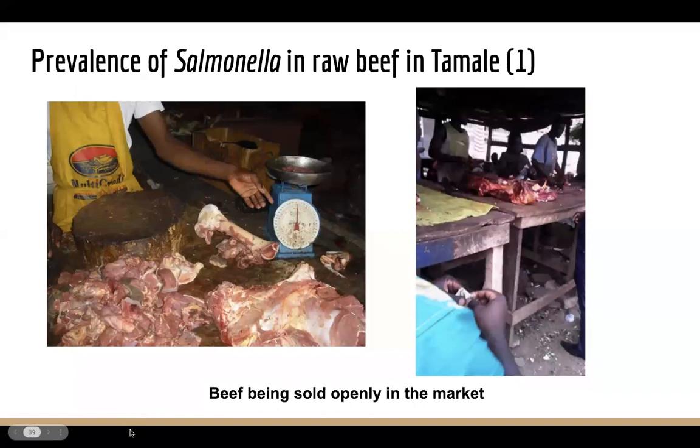So what we sought to do in this research work was to look at the prevalence of salmonella from the meat that is being sold from the market. So we took samples from the market, took them to the lab in the UDS Spanish lab, and we isolated salmonella from this meat. The next slide, please.